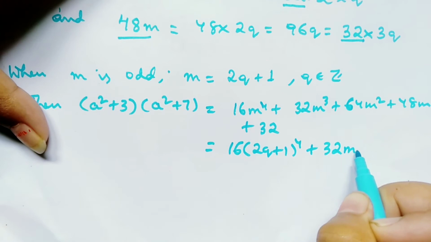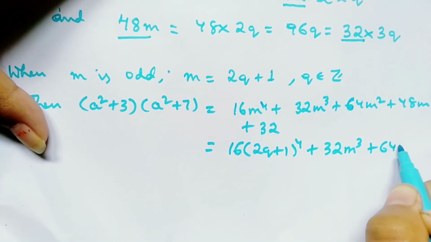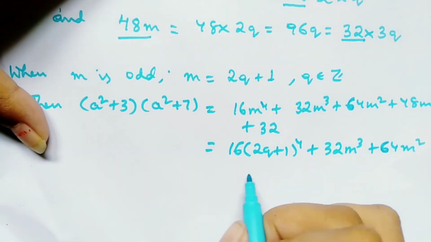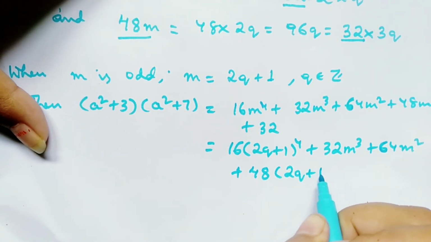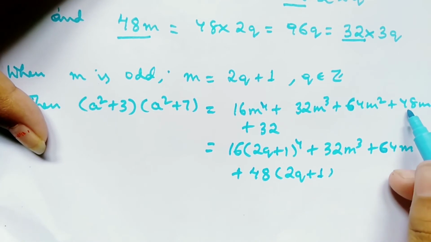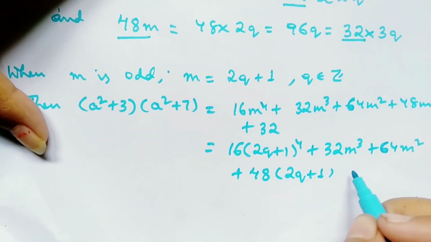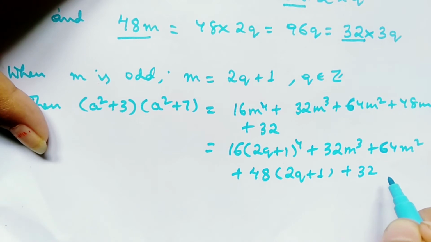Here we leave the others as they are, since they are divisible by 32. And for these two we replace m by 2q + 1 because we don't know whether, when m is odd, they are divisible by 32 or not.